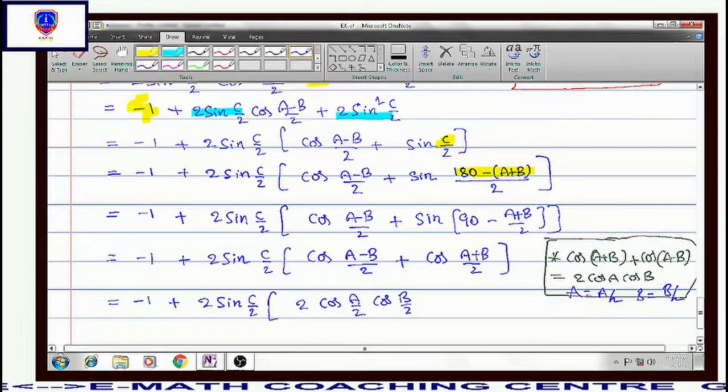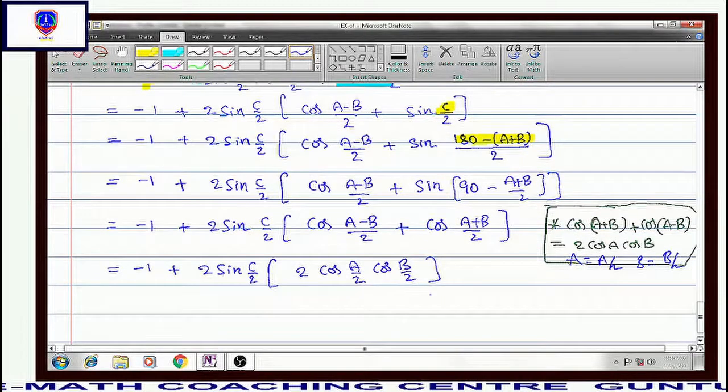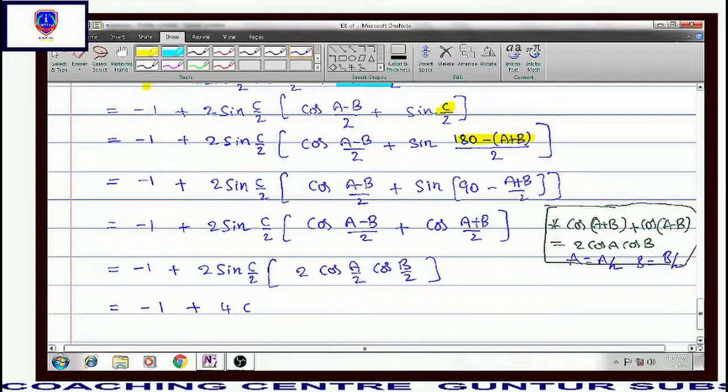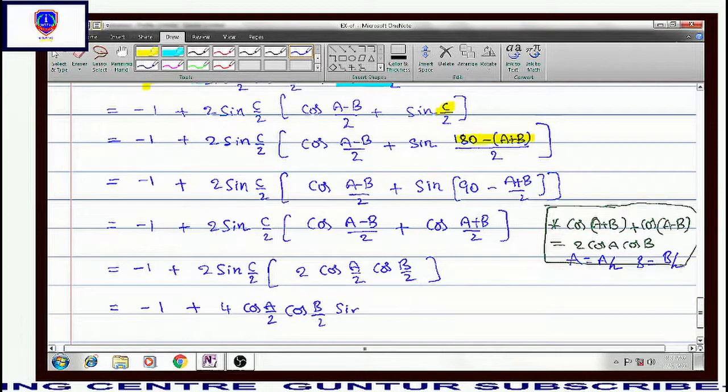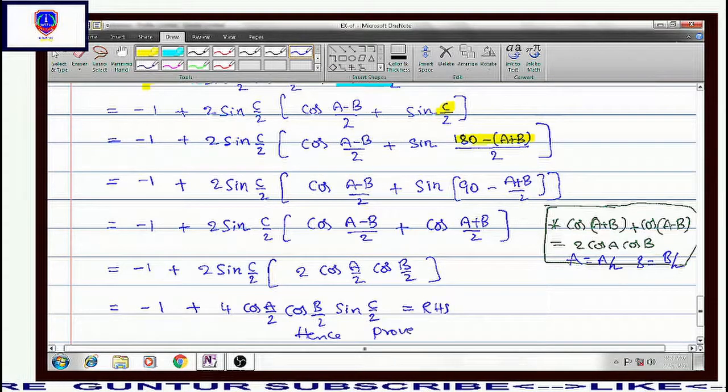Multiplying the 2 and 2 gives 4. So the last step: minus 1 plus 4 cos A by 2 cos B by 2 sine C by 2, which is the RHS. Hence proved. This is the answer for this question.